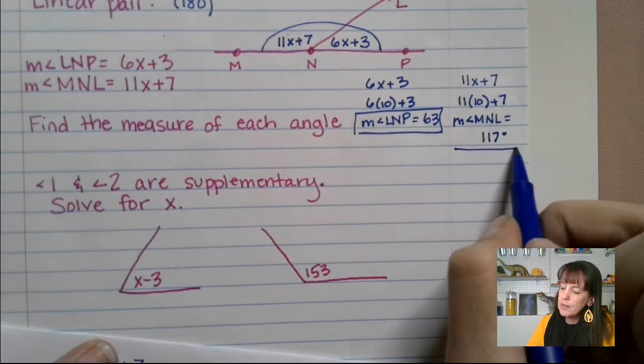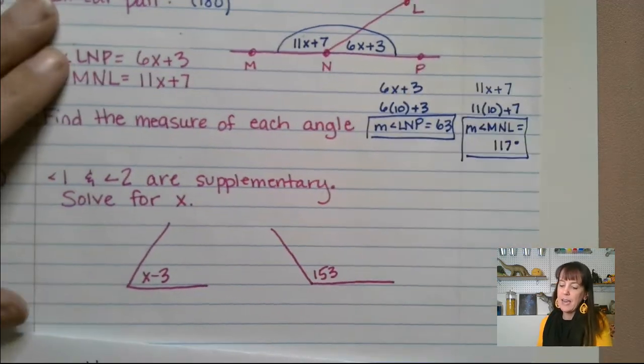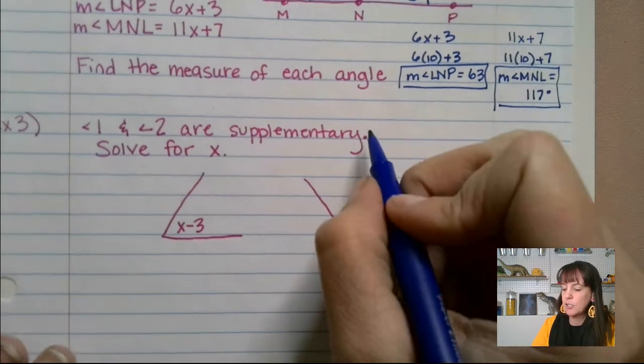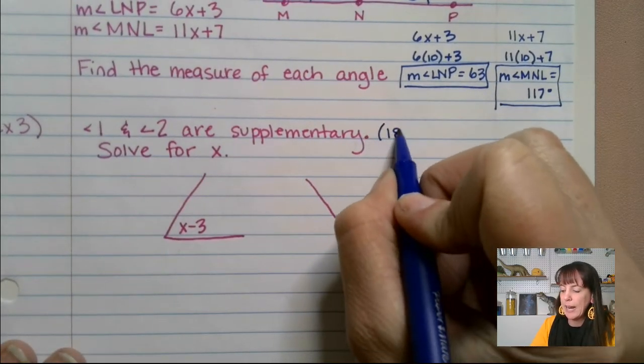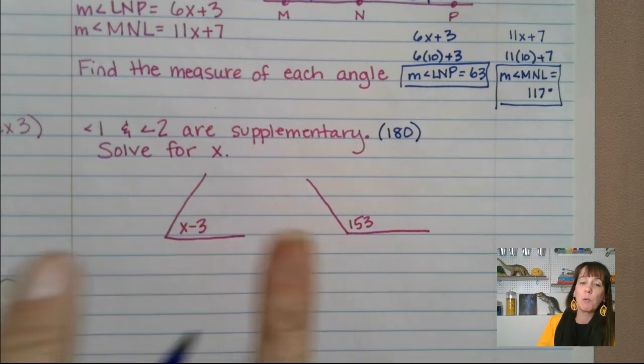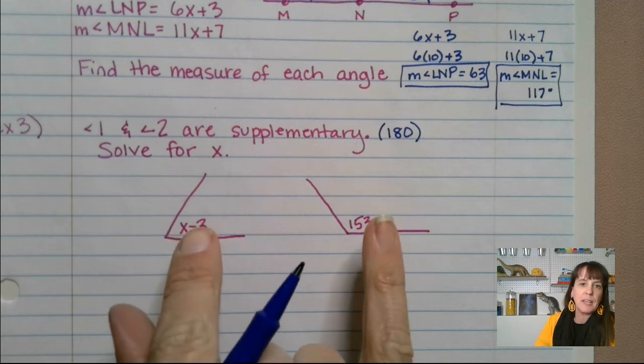All right, so for our next one, we see angle 1 and angle 2 are supplementary. If you go back and look at your vocabulary notes, you'll know that supplementary, just like a linear pair, means 180. They both mean 180, but a linear pair means that they're forming a line. Supplementary angles can be forming a line, or they can be not attached like this.